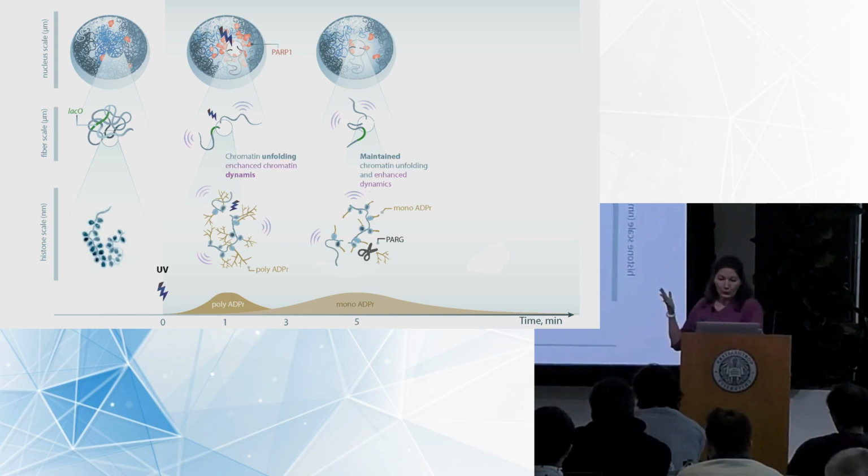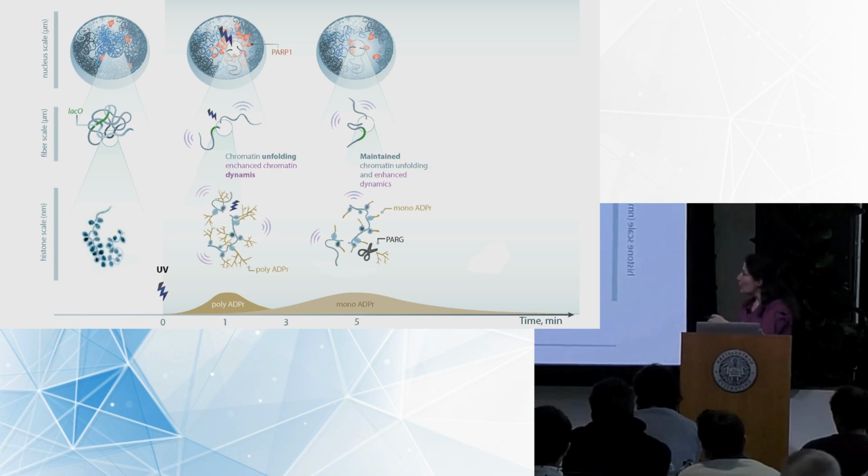So to go further, we wanted to know what happens at longer timescales as well. And recently, in the Matic lab, they have shown that there is deparylation, but it happens in 2 waves, in two steps. First, you cut most of the tree, most of the poly-ADPR chain, so you just end up with this small mono-ADPR, and then another protein is responsible for cutting this last mono mark.